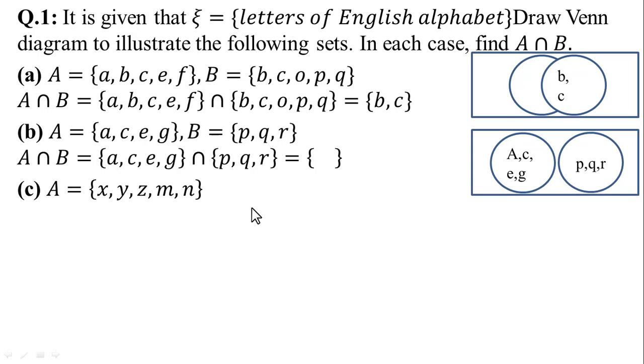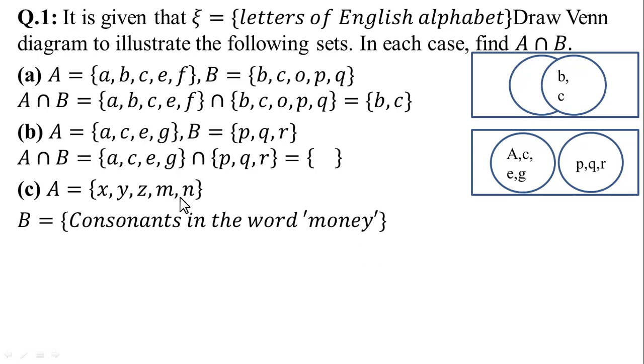Now we take the next part. In part C, the elements of set A are X, Y, Z, M, N, and the elements of set B are the consonants in the word money.